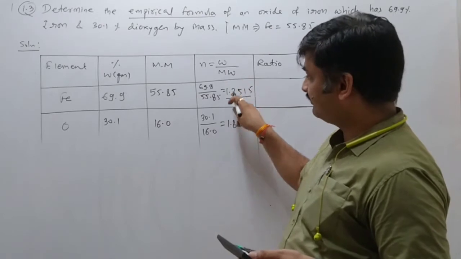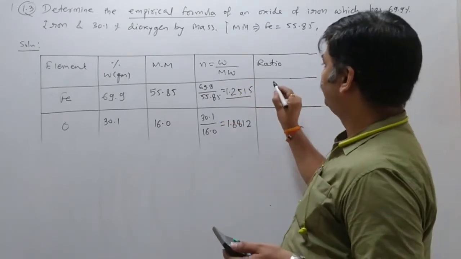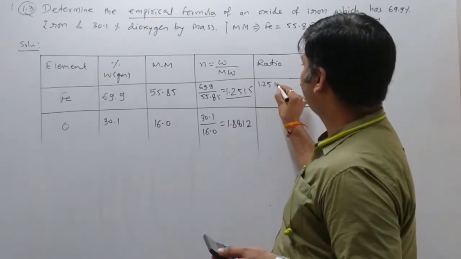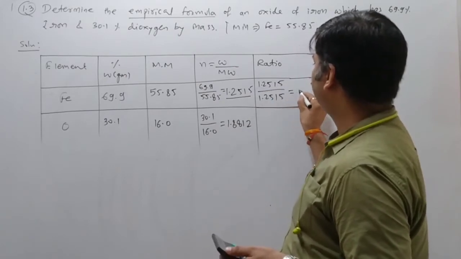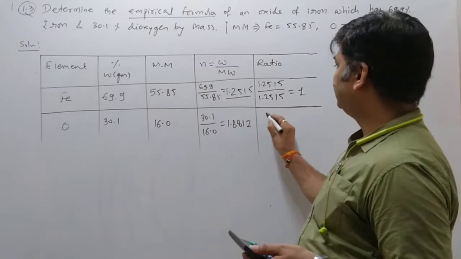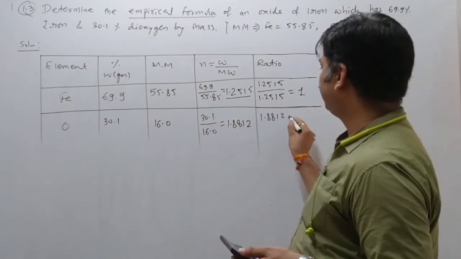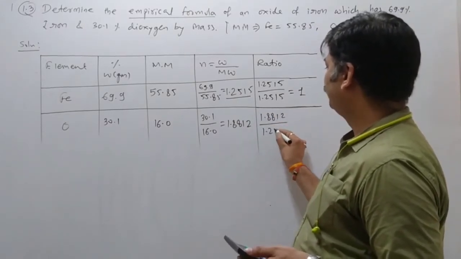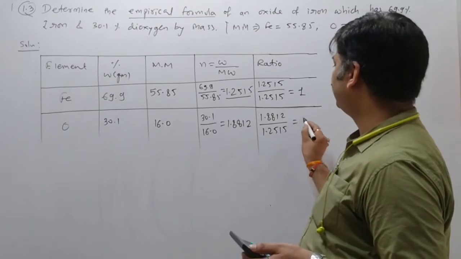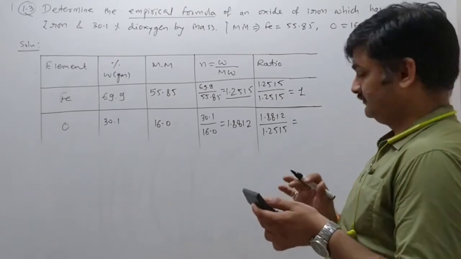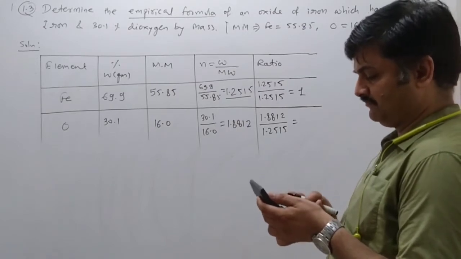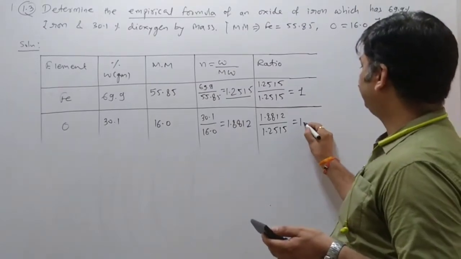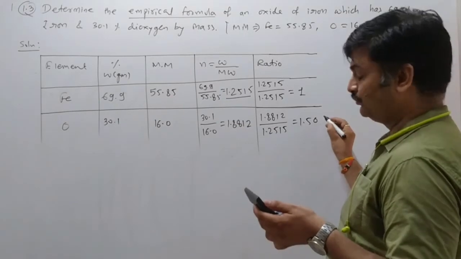Whatever calculated mole is there, so here 1.2515 divided by 1.2515 is 1, and then 1.8812 divided by 1.2515. The answer will be 1.50.